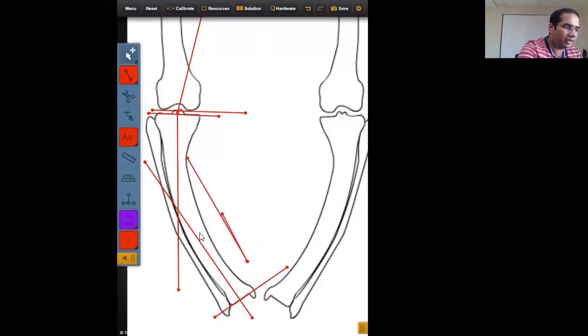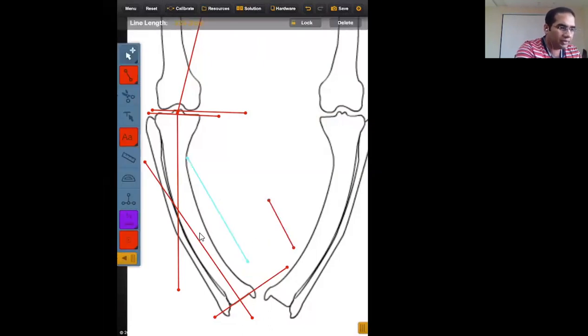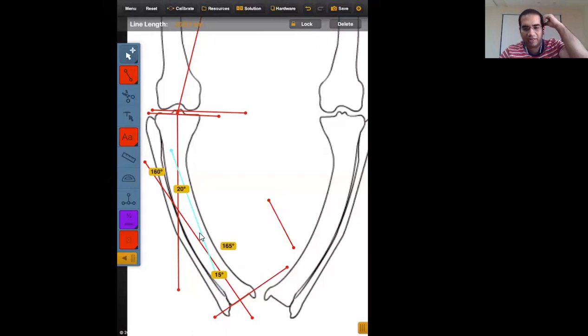And the rule to drawing that line is that the line must be almost a mid-diaphyseal line, and that line must intersect the proximal and distal reference lines inside the bone, and then it will give you the apices of the other deformities.